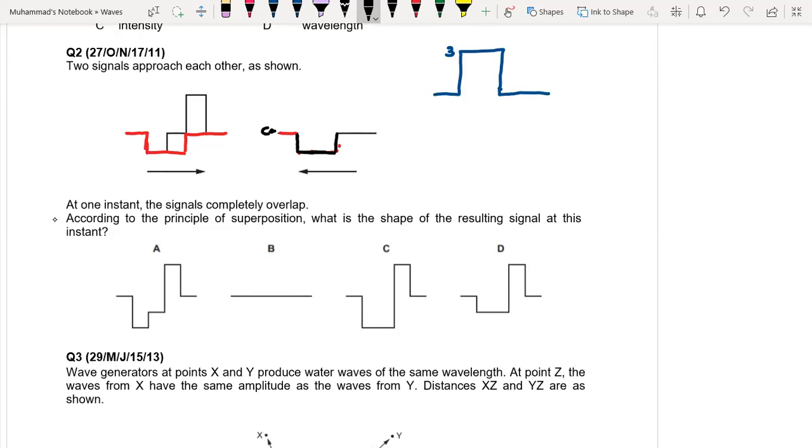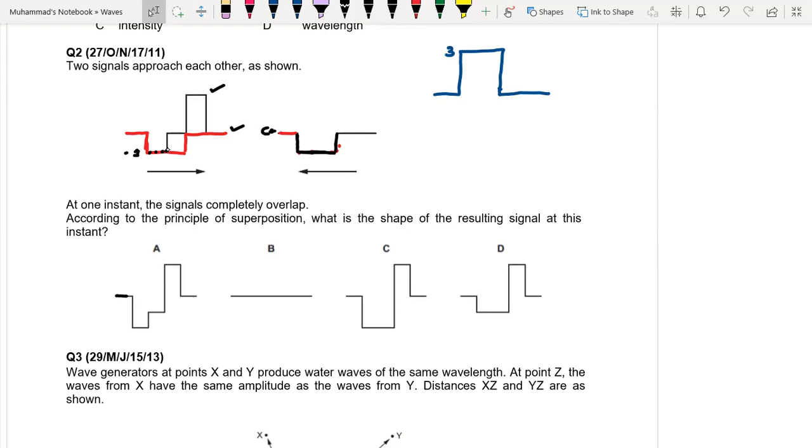The red color is this wave and the black color is this wave. If I want to find the resultant displacement up till this point, these two values are the same and both are negative. Let's say this is -1, so the displacements of both waves are -1 till this point. So the sum will be -2.